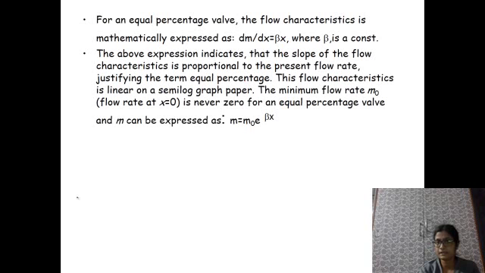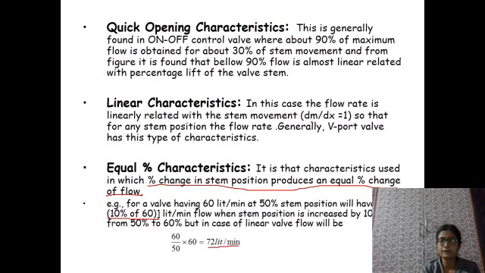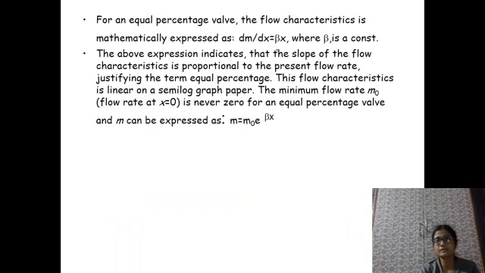But for linear characteristics, dm/dx is 1. Here this equals beta into m, where beta is the constant. That indicates that the slope of the flow characteristics is proportional to the present flow rate, justifying the term equal percentage. This flow characteristic is linear on a semi-log graph paper.